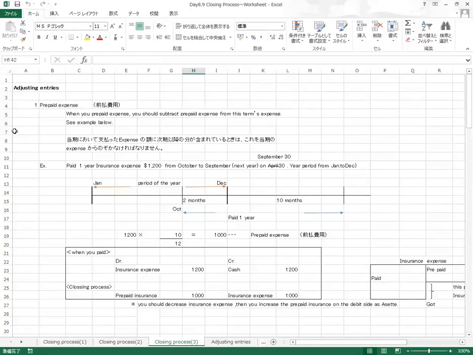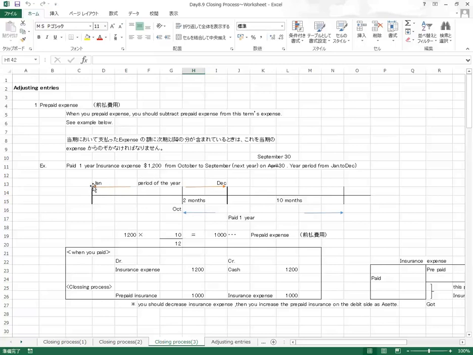So how to calculate and how to add up in a term of the year. That is prepaid expense. How to do about this prepaid expense is adjusting entries.